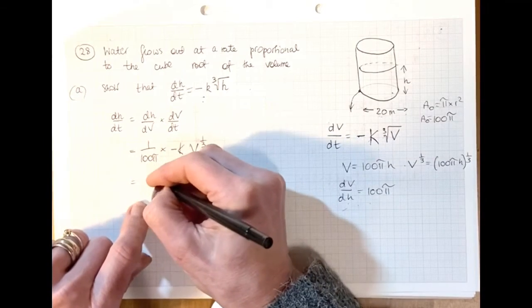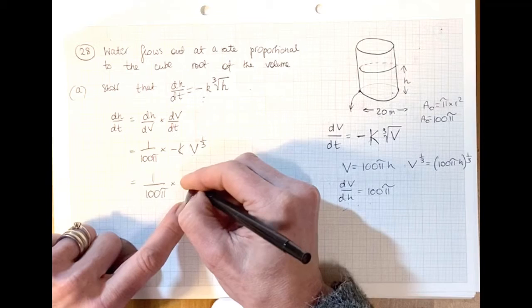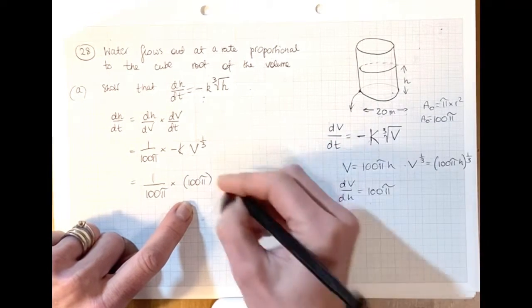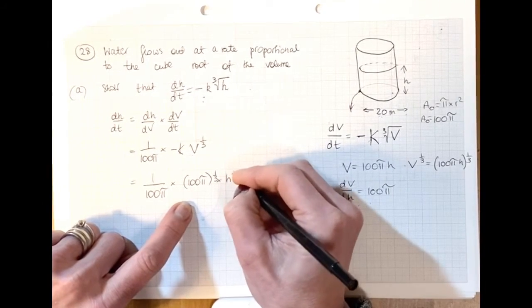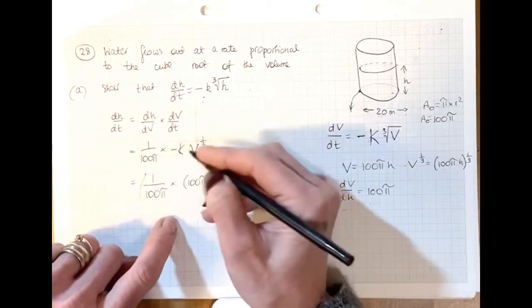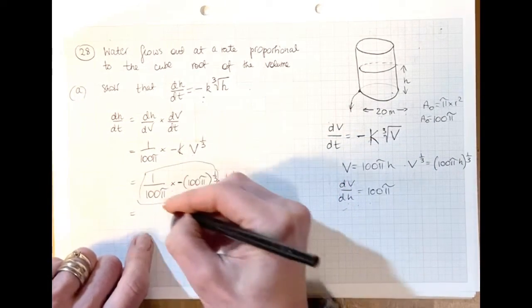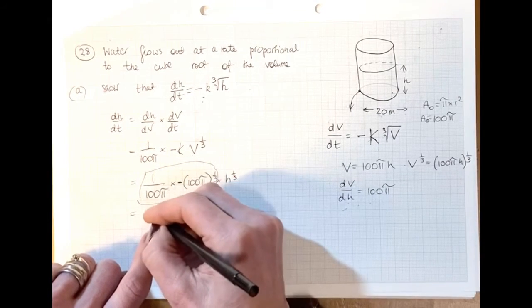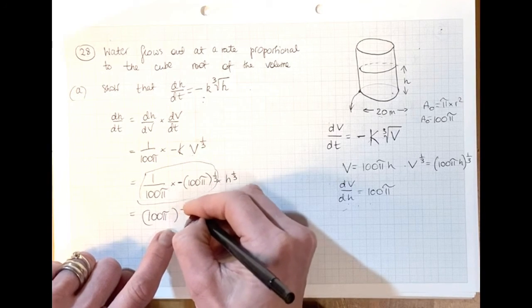So let's substitute this into the equation. So it's 100 pi to the power of a third times h to the power of a third. And you can see that there should be a minus here, which is going to be, we bring it to the top, minus 1, so it's going to be 100 pi to the power of minus 2/3.